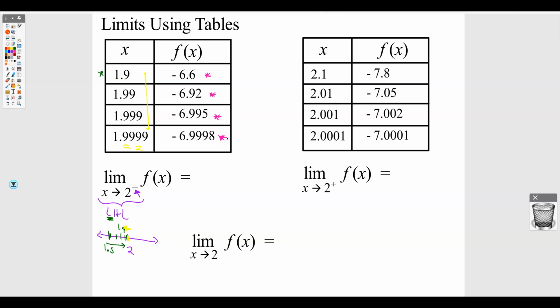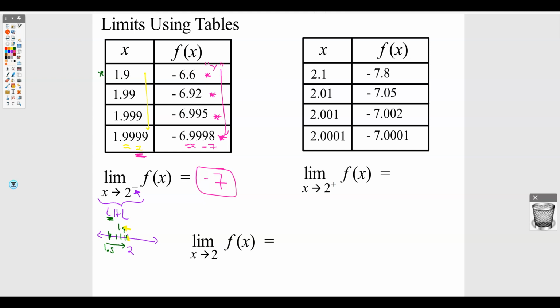Remember I said earlier it's kind of like rounding. Do you see a pattern of what the numbers are getting really close to? This is approximately equal to negative 7. As we move closer and closer to 2 with the x value, the y value is getting closer and closer to negative 7. So the answer to the limit is negative 7. My left-hand limit is equal to negative 7.